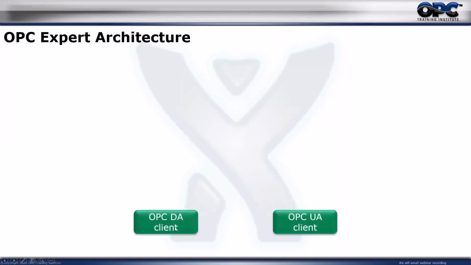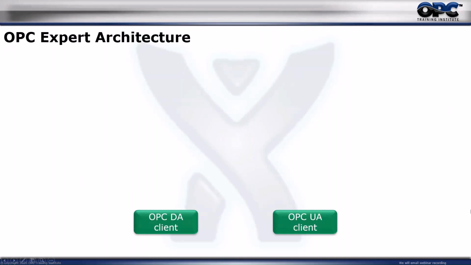So let's have a look at what's happening with OPC Expert. So imagine this is the application. I'm going to show you the modules inside. So these are modules inside OPC Expert. When you get OPC Expert, you get all of these modules. So we begin with OPC DA client and OPC UA client.